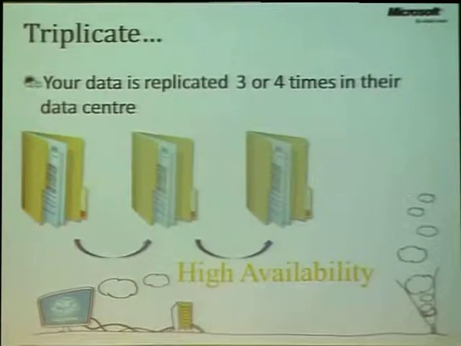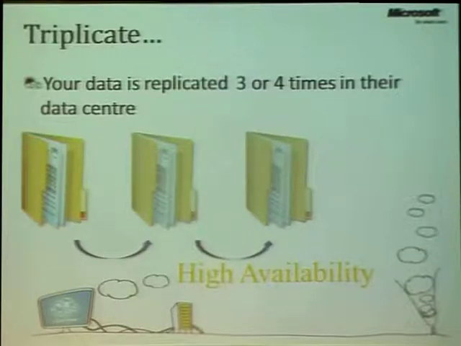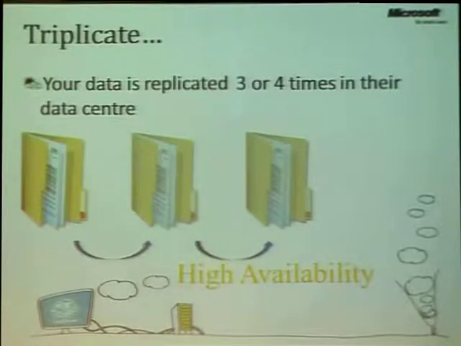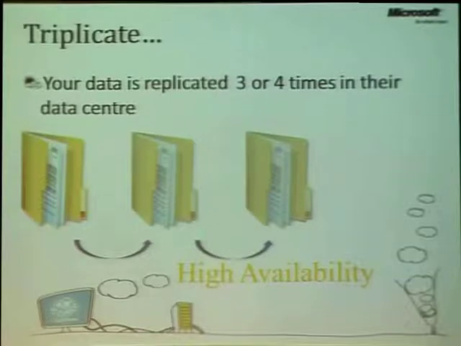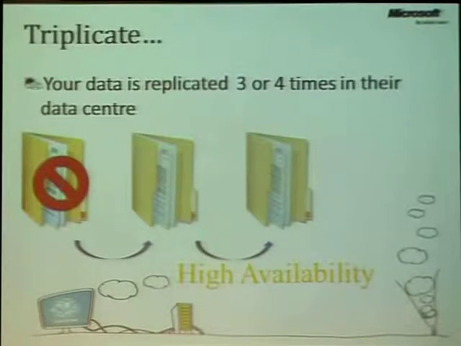And when you come to Azure, to manage high availability, we are triplicating your data, not replicating, triplicating. Which means that the moment you put your data, it keeps 3 copies of your data in this storage. So if one server fails, what happens to the data?